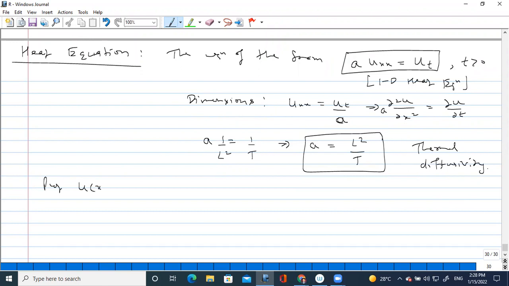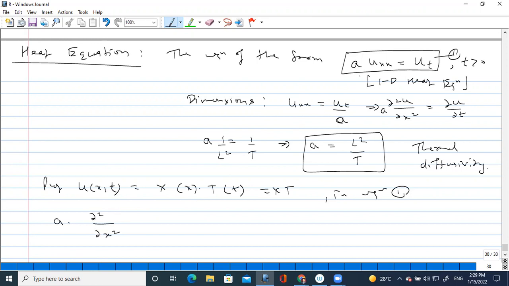Put u(x,t) equal to X(x) into T(t). It means XT. So you put it here in equation number 1. If you put it here, it will become a into u_xx, means del 2 u divided by del x square.